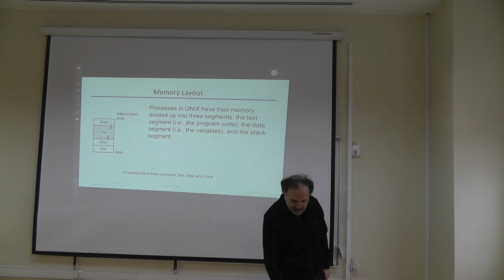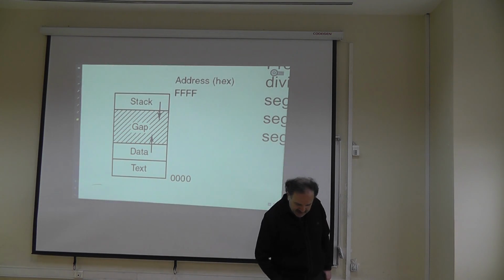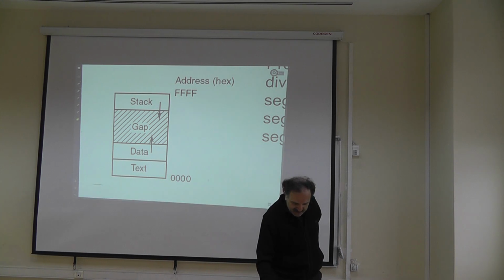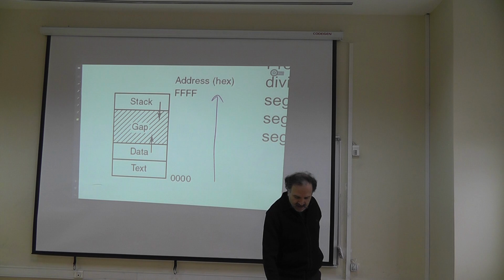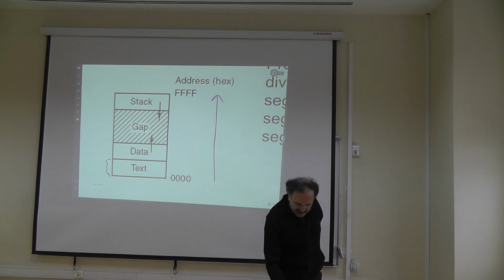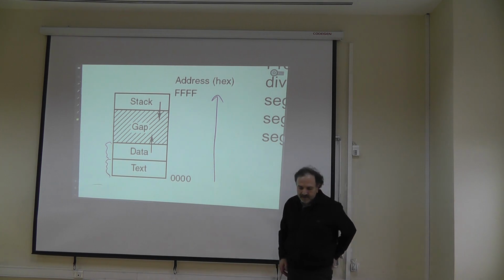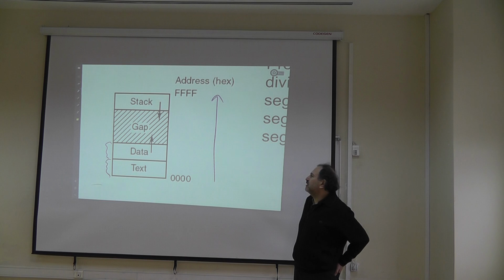We will see more details about this, but as introductory material, let's look at the memory layout of a process. Okay, in a process, I have my address space from a small number to a large number. In this case, the largest number is very small, but it's a larger number than this. At the bottom of the address space, I have my program text, and on top of that, I have my global data and the dynamically allocated data.